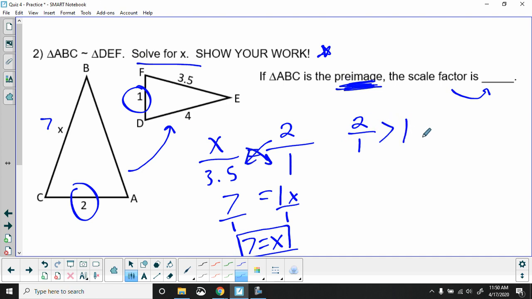We need to do the reciprocal of 2 over 1. Flip it. We get 1 over 2. 1 over 2 is less than 1. So that means it's getting smaller. And that fits the situation. So we should have 1/2. Okay. So it was like a two-part question there.